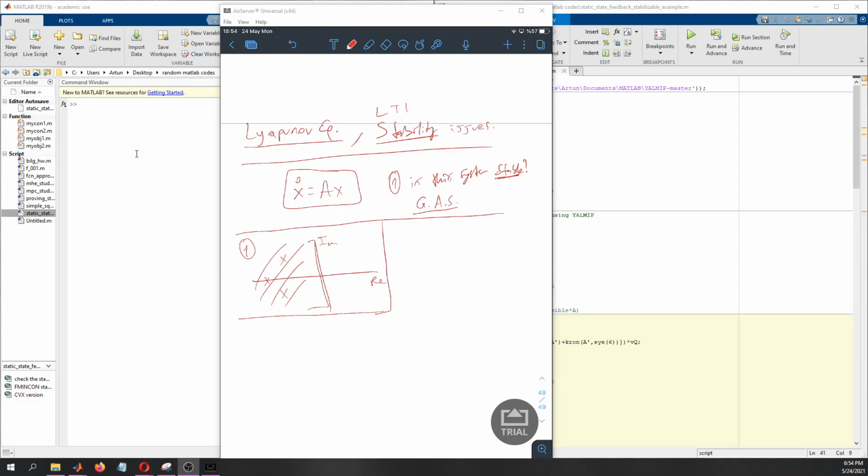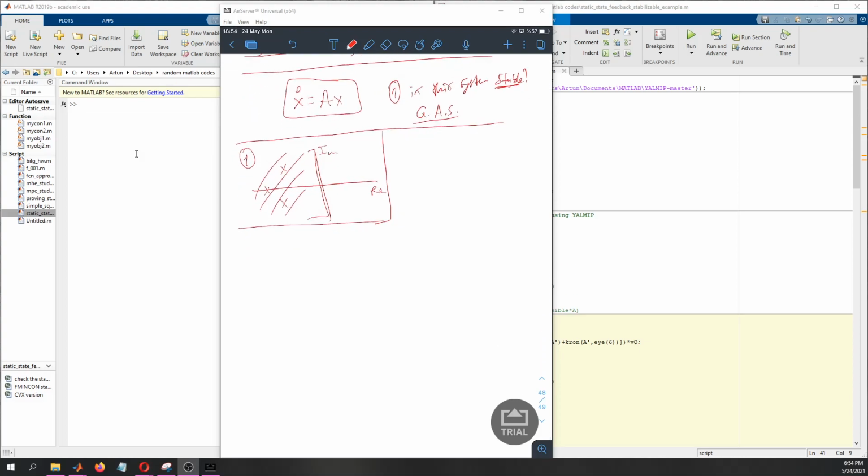So for higher dimensional systems, we tend to use another type of theorem, called the Lyapunov theorem. The system is stable if there exists P such that A transpose P plus PA is less than 0.